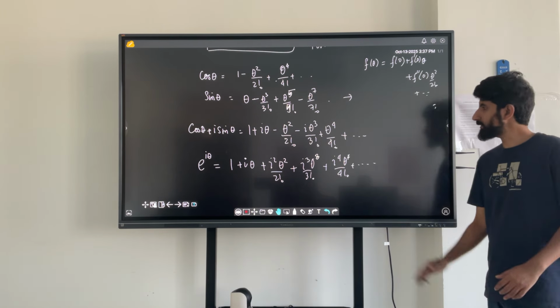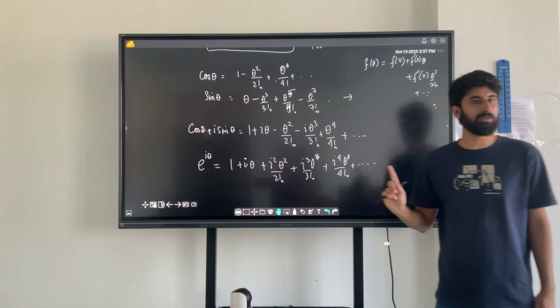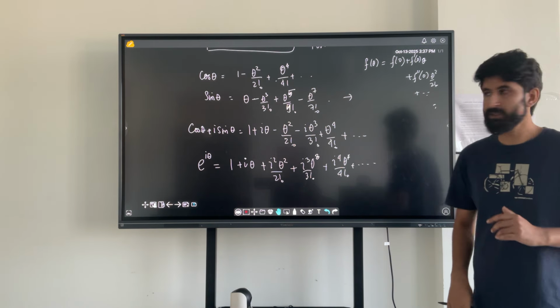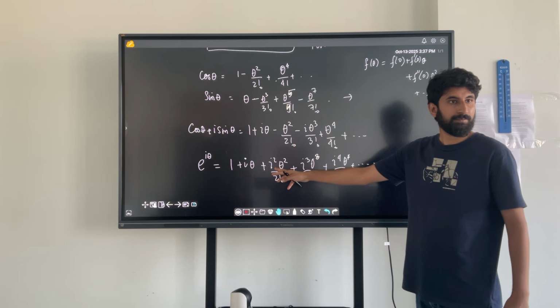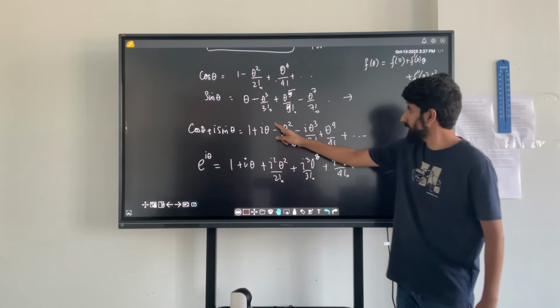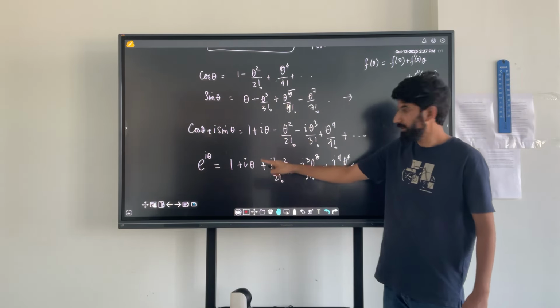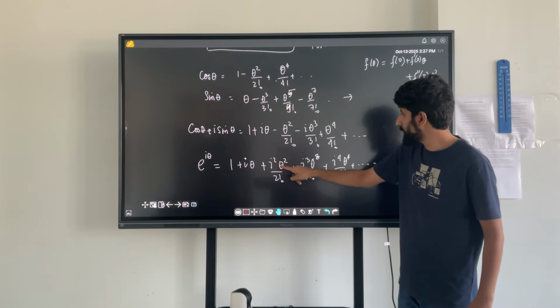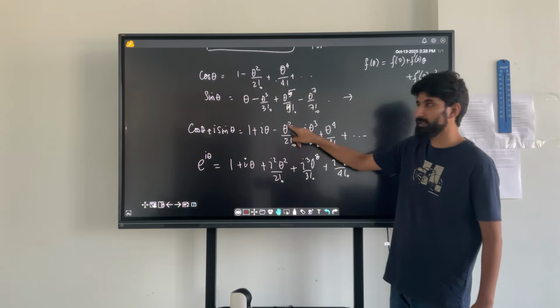Okay? This is the first time you will see iota square equal to -1 giving you something different from usual. Iota square is what? Minus 1. Iota cube is minus iota. See, this is matching because of this. 1 iota theta, right? Iota square is -1, so it becomes minus theta square by 2 factorial, the same as there.